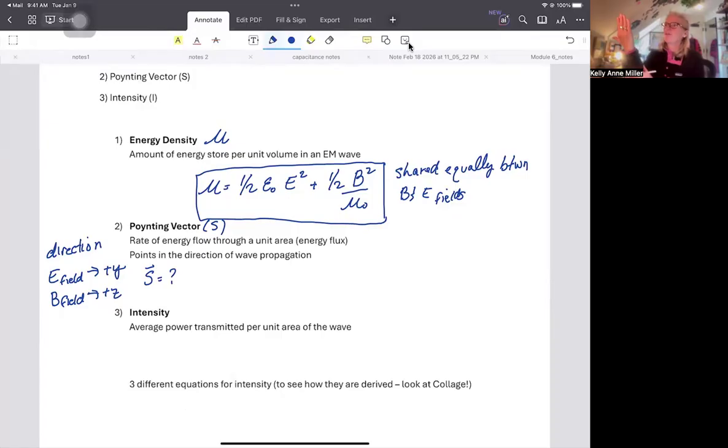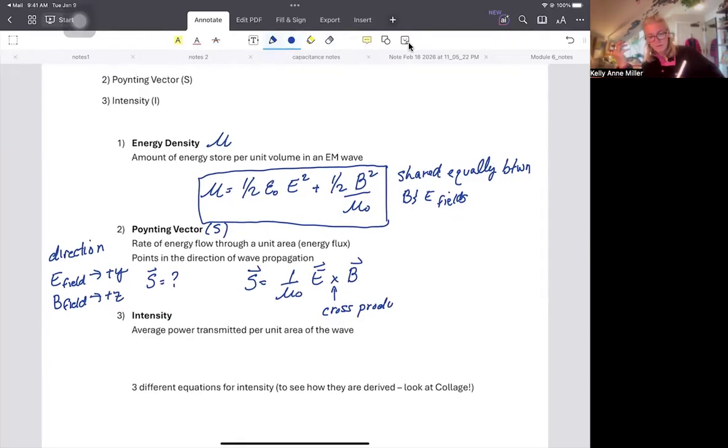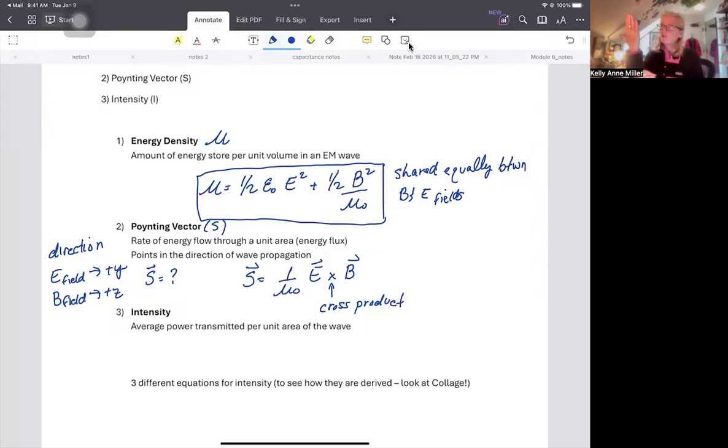Well, again, you can use your right hand. Let me show you the formula first. The Poynting vector is 1 over mu naught times the E field crossed with the B field. This is the cross product.